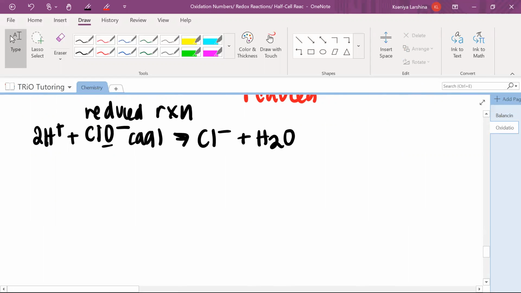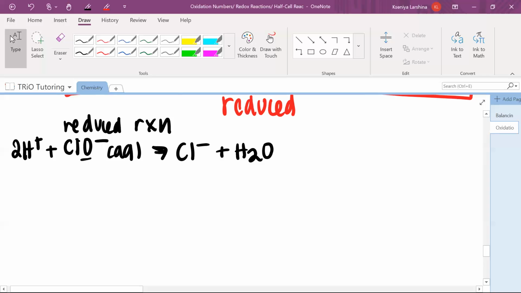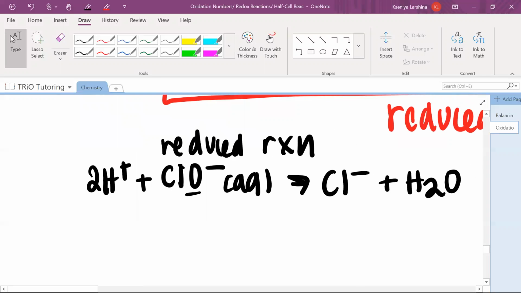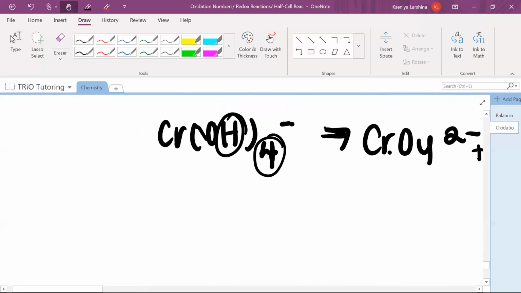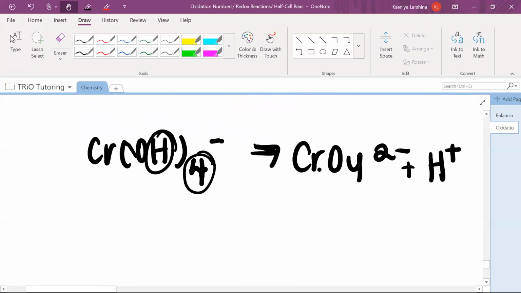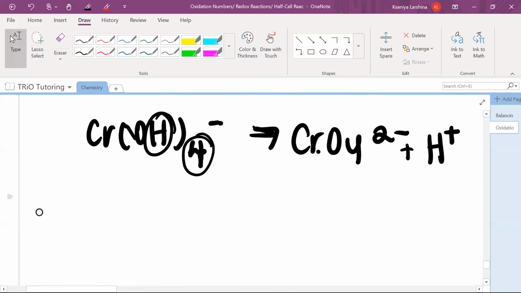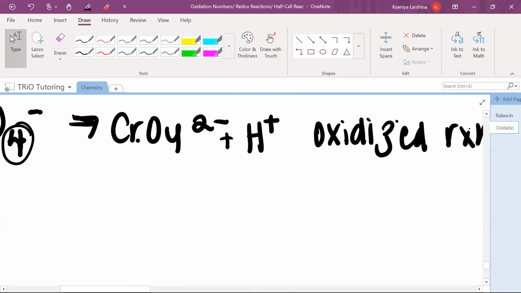So here we have 2 electrons because we need to add them in order to have our correct number. And then for this one, we add 3 electrons.